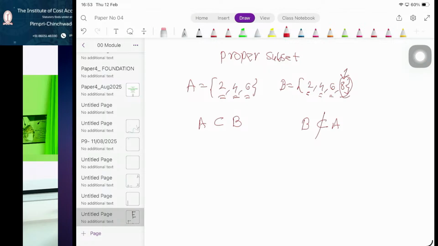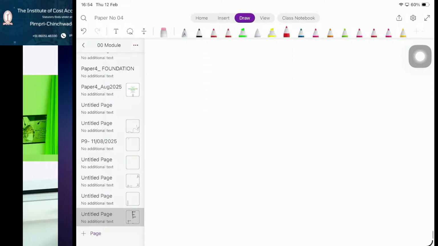So a set A is said to be a proper subset of B if every element of A is also an element of set B, and B contains at least one element which is not in A. That is called A proper subset of B. Let's take one example from the notes.